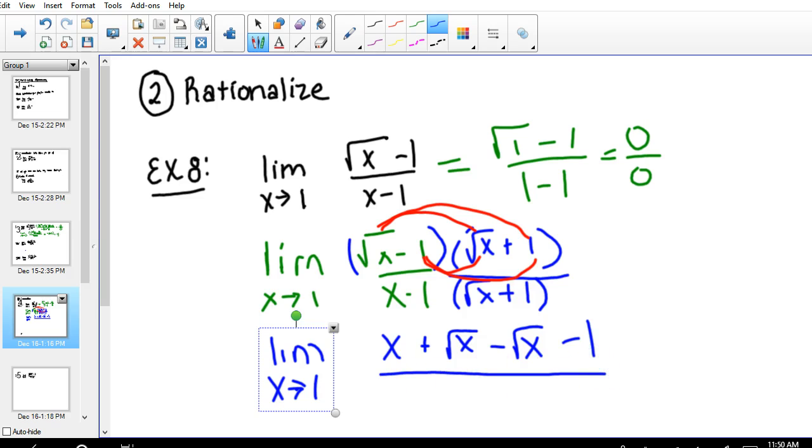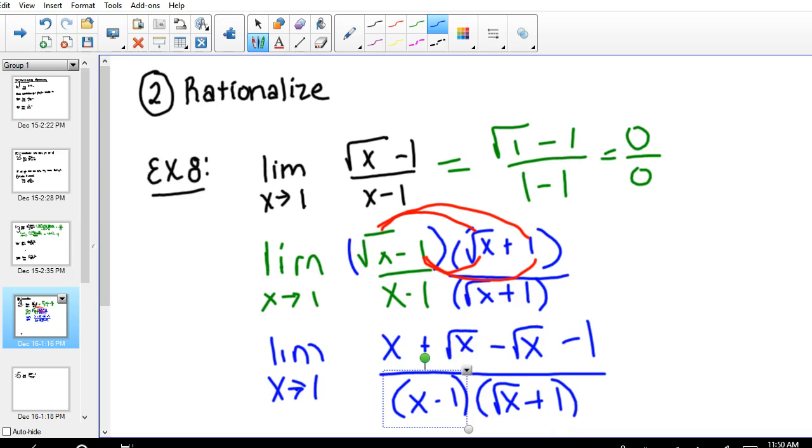Now, just to give you a hint about these problems, you generally don't want to multiply the bottom together. It usually makes it more difficult because what you want is for something to cancel. So don't multiply the bottom together. Just leave it x minus 1 times the square root of x plus 1. Leave it factored out.